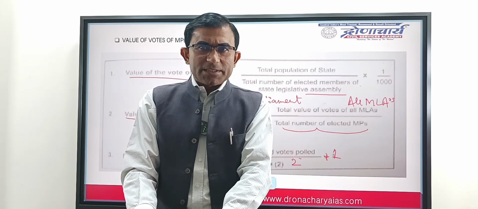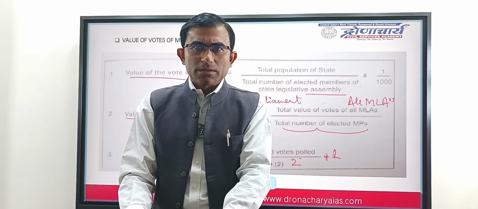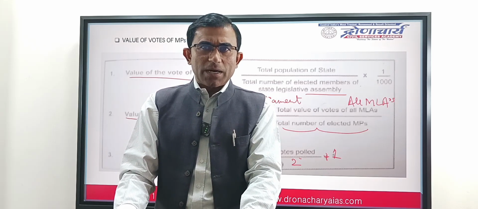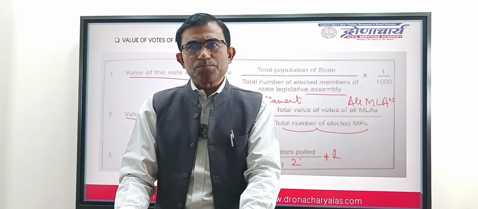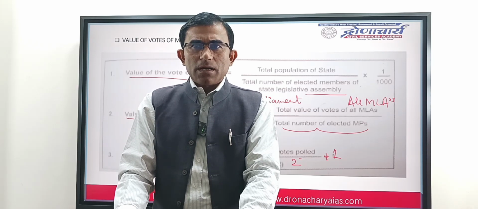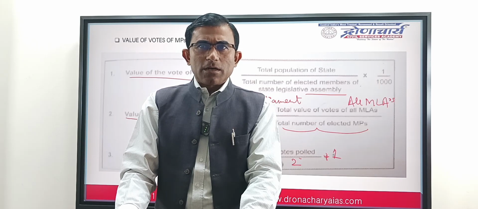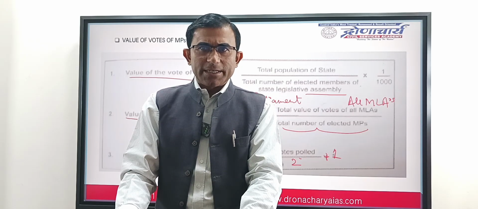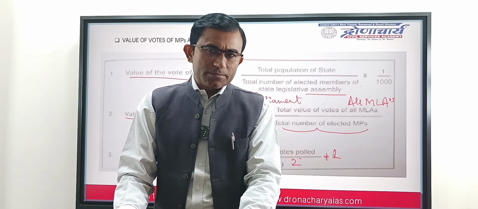Conditions for the President's office. Article 59 of the Indian Constitution lays down certain conditions for the President's office. He shall not be a member of either House of Parliament or a House of the Legislature of any state. If a member of either House of Parliament or a House of Legislature of any state is elected President, he shall be deemed to have vacated his seat in that House on the date on which he enters upon his office as President.